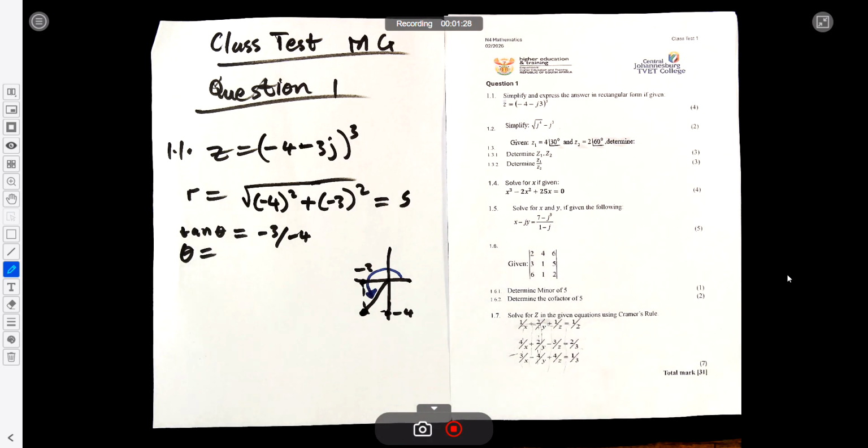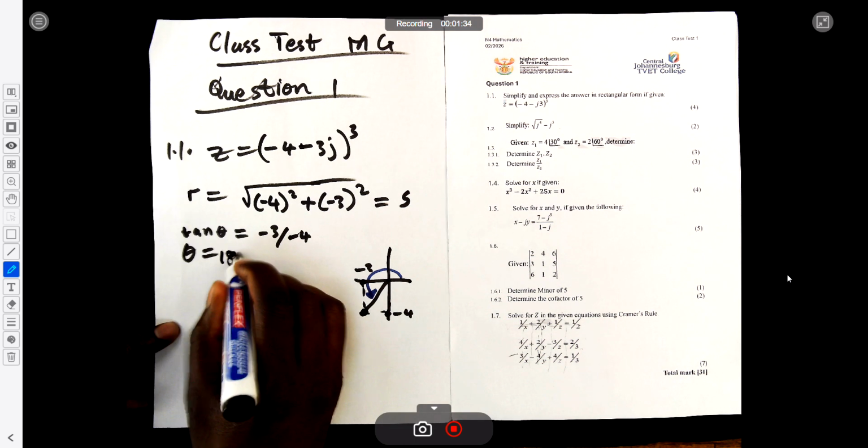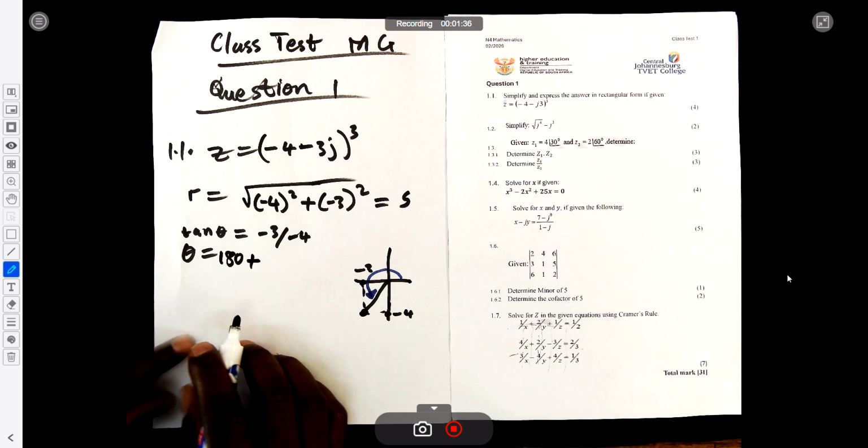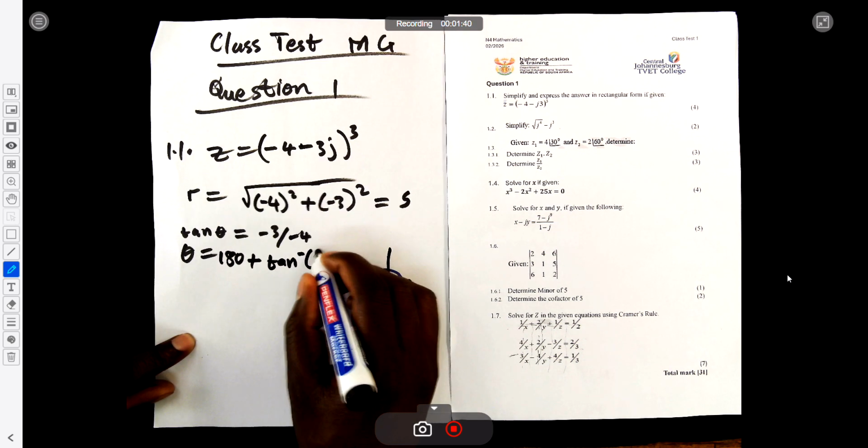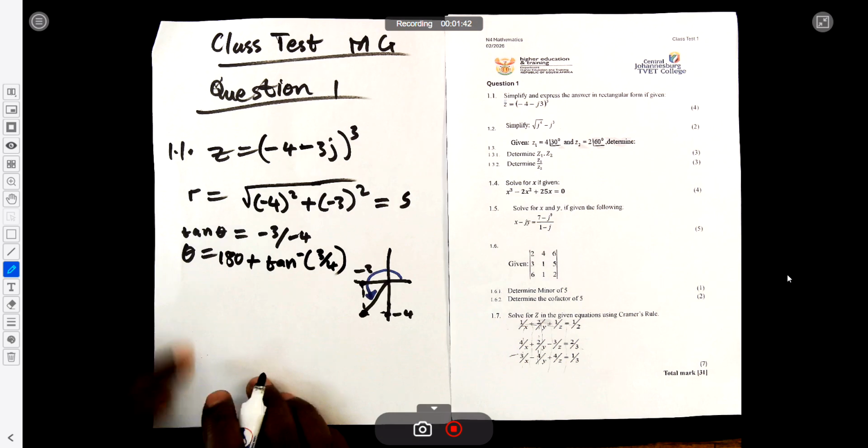So we know that theta must be greater than 180. In the third quadrant it's 180 plus arctan of the positive ratio, which is 3 over 4.